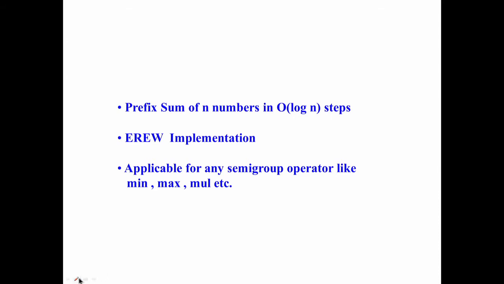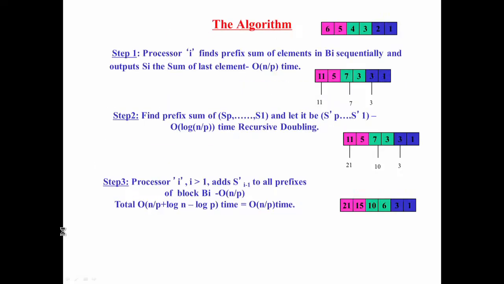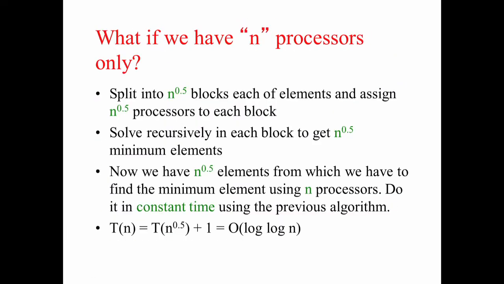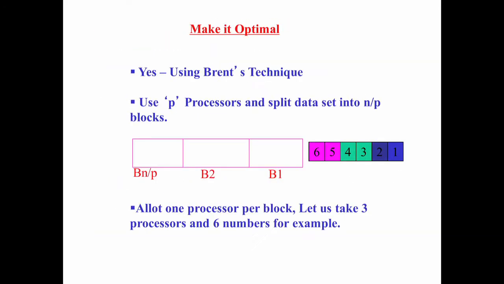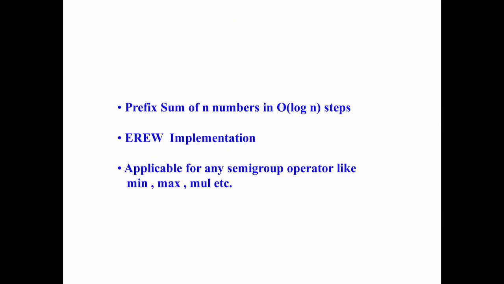So now I will introduce another small thing. Okay, I will introduce Brent's lemma. Sorry, I didn't put the slide here. So if I have n processors, I can do it in order log n time. Okay. What if I have p processors?